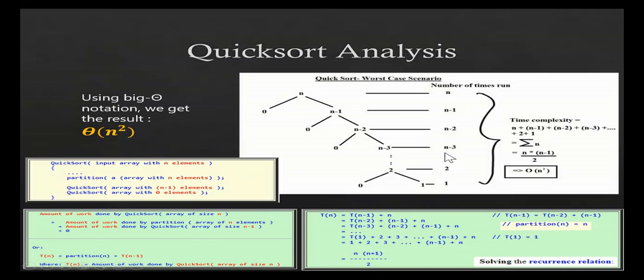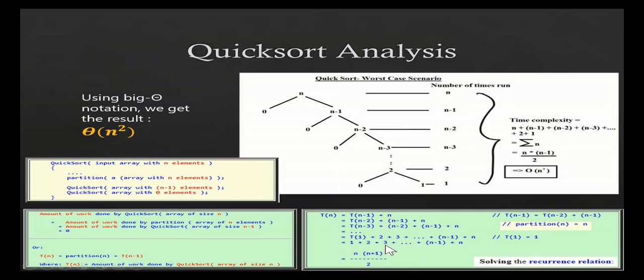After that, n minus 3. So until it gets the single element, it is decreasing by one. So the time complexity should be like n plus n minus 1 plus n minus 2 and so on. If we calculate this, we get n square. So in the worst case scenario, the time complexity should be order of n square.